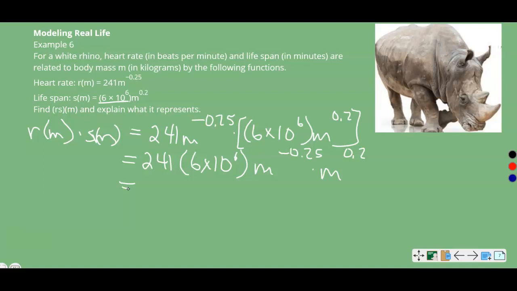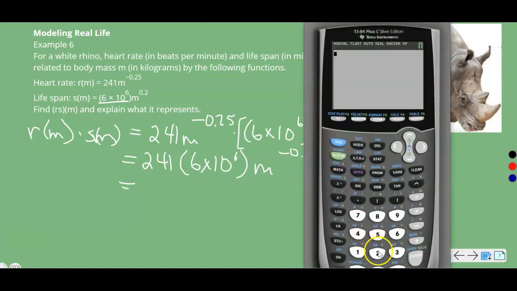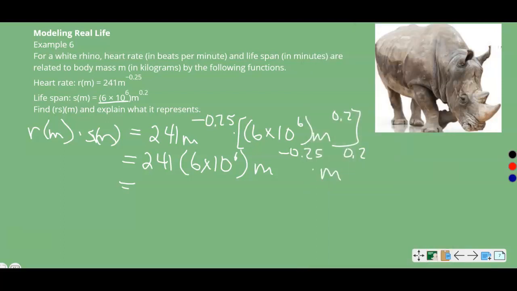All right, so scientific notation. So we can multiply these numbers here together. So let's do 241 times 6. 241 times 6 is 1446, and we're going to leave this in scientific notation.